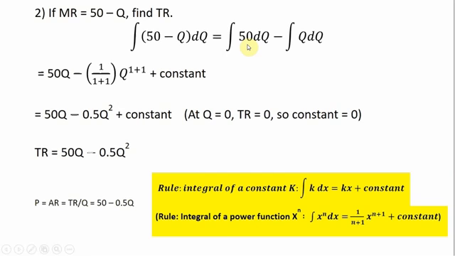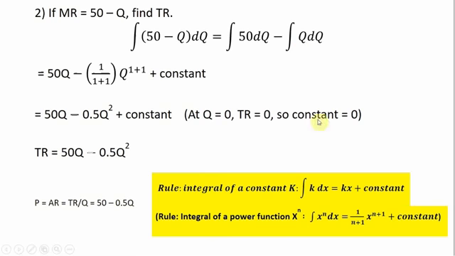So we're going to take the integral of 50 and subtract from that the integral of q. And we're going to use some of our rules down here. Once again, the integral of a constant, in this case 50, is going to be that constant times a variable. So 50q is the integral of 50. And then we're going to subtract out the integral of q.